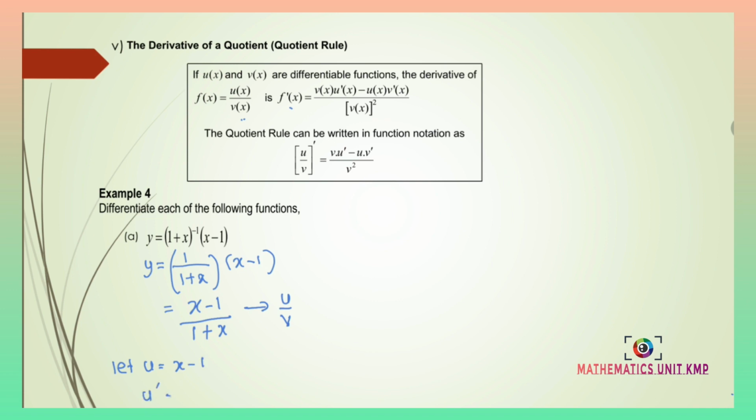So, u prime is 1. And then we let v be 1 plus x. And v prime is also 1. Now, we substitute in the quotient rule.